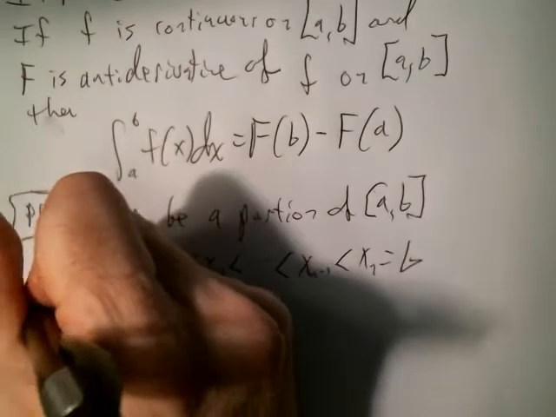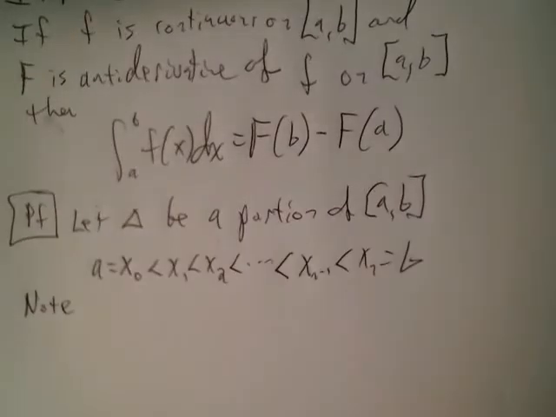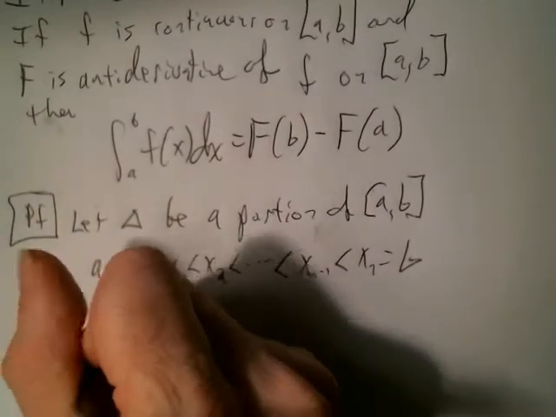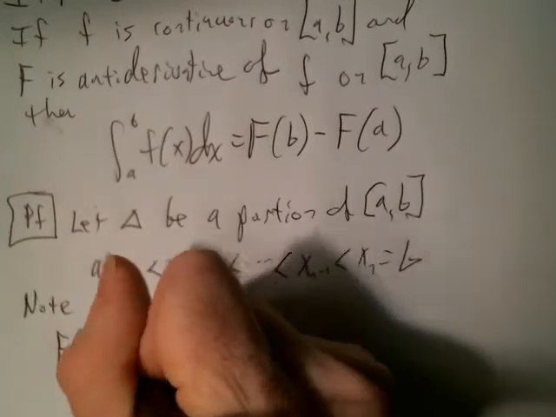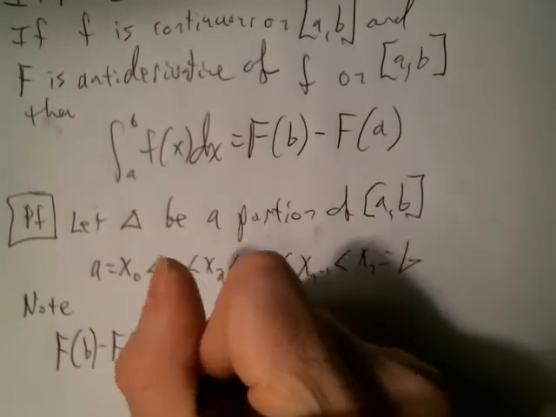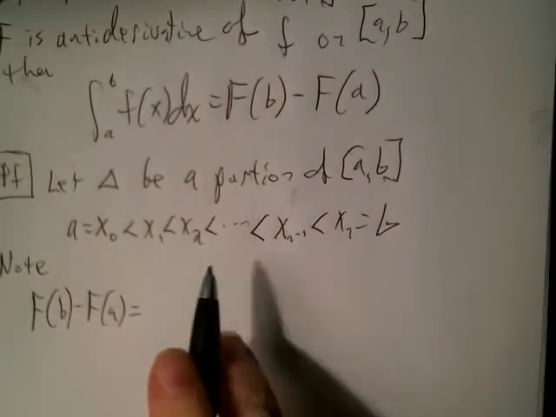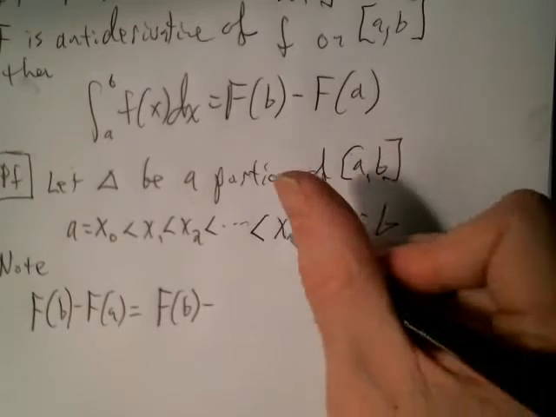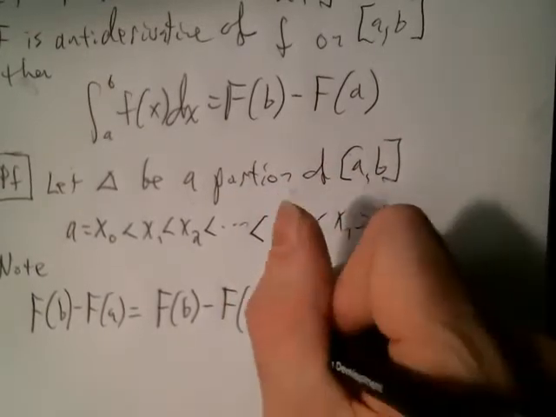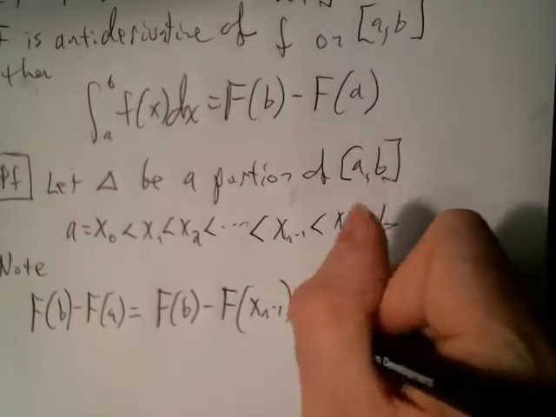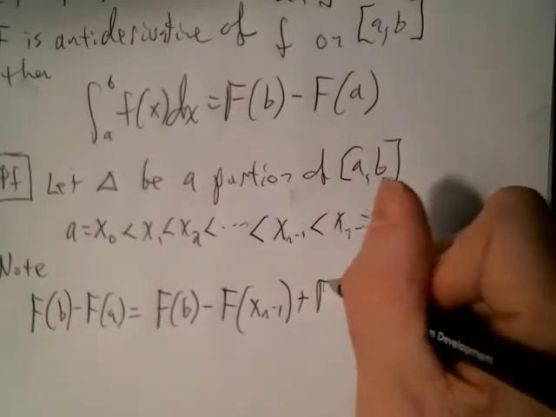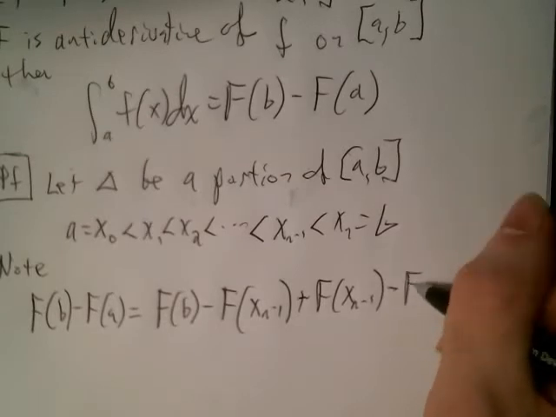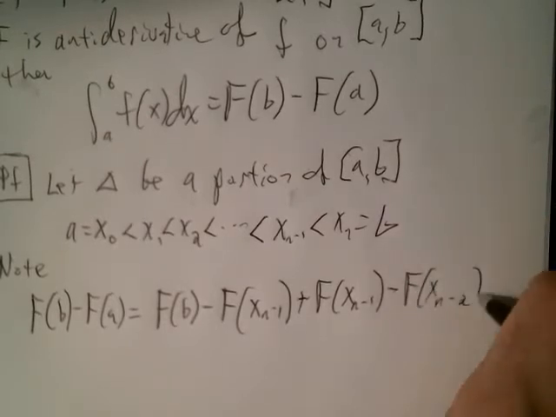Okay. Note from this point, what is F of b minus F of a? We can rewrite this in a clever sort of way. We can rewrite it as F of b minus F of x sub n minus 1, plus F of x sub n minus 1 minus F of x sub n minus 2.